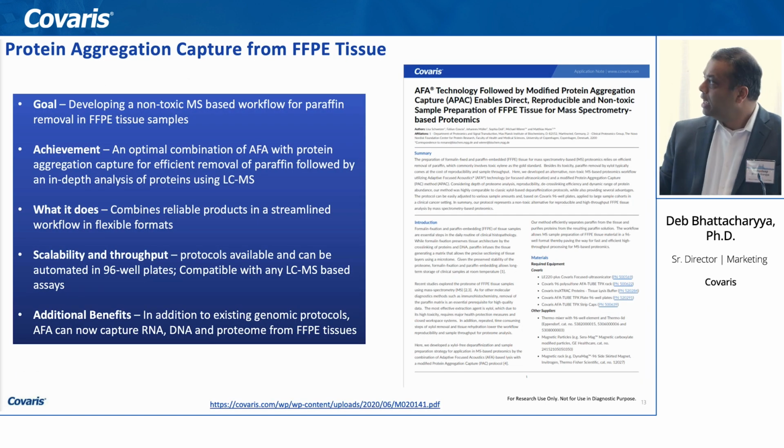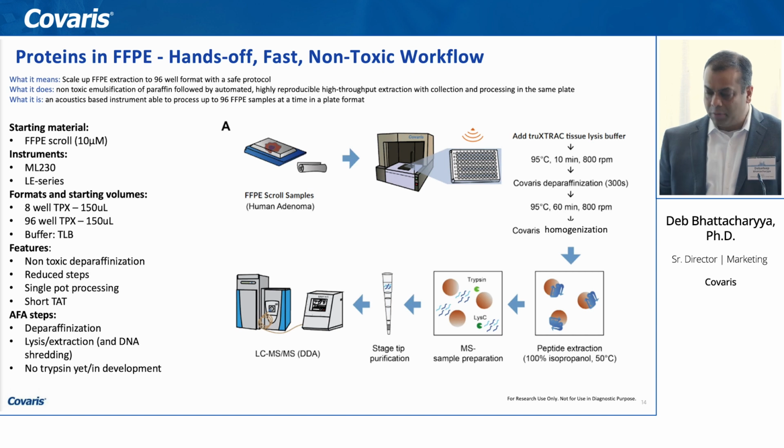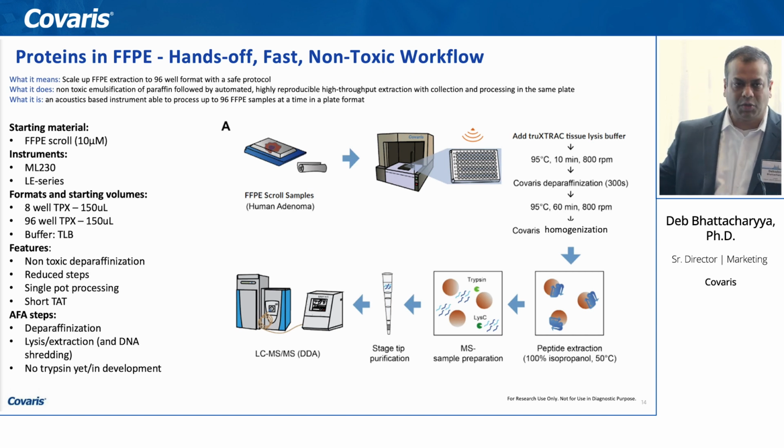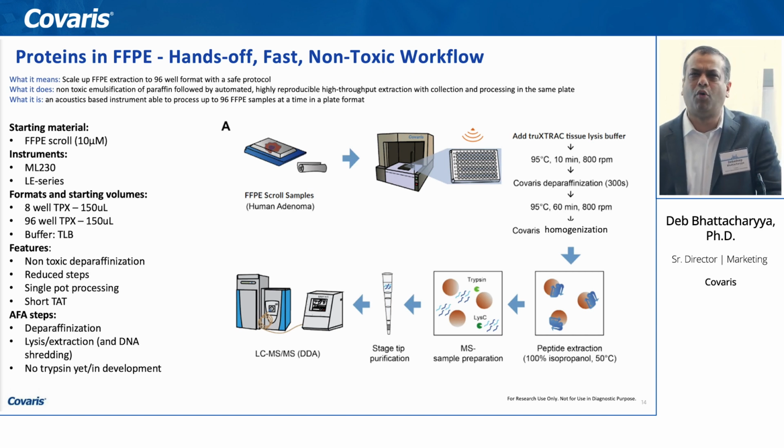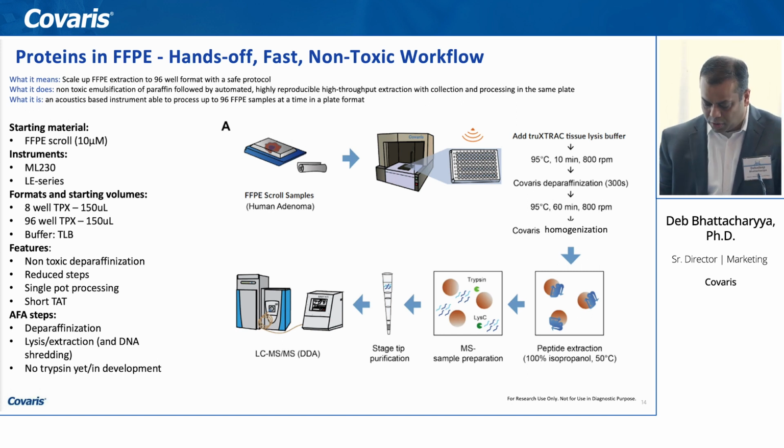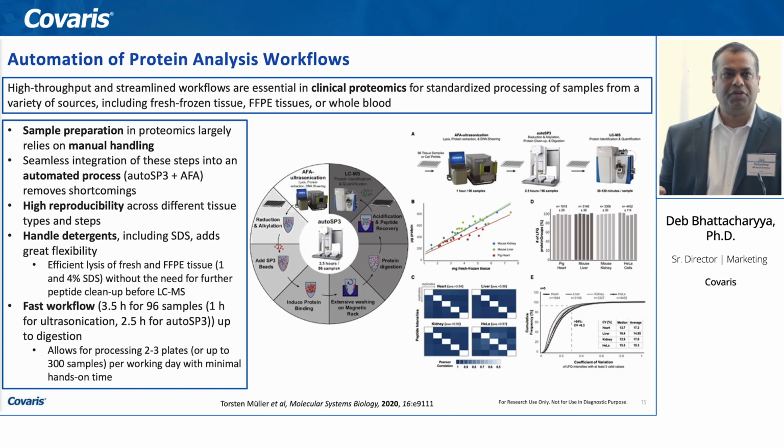We have actually got all these things in publication, but before I get into that, I would like to highlight that about 4 years ago, Matthias Mann came up with the first publication where he started with FFPE as well as fresh frozen tissues, and went through the whole workflow, which was published over here.